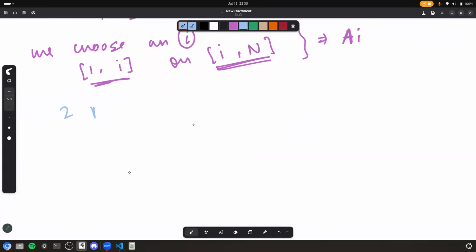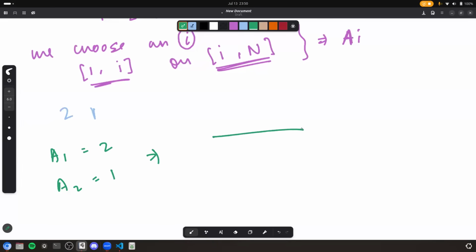So basically, okay, what we can do is: A1 is 2 and A2 is 1.